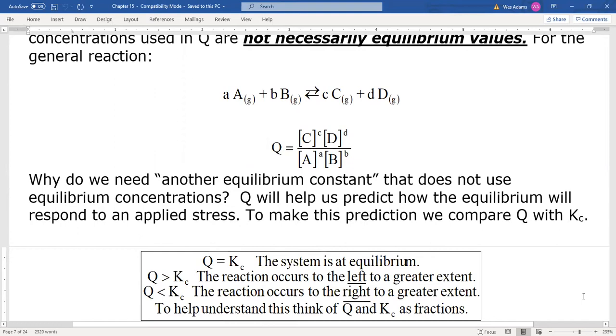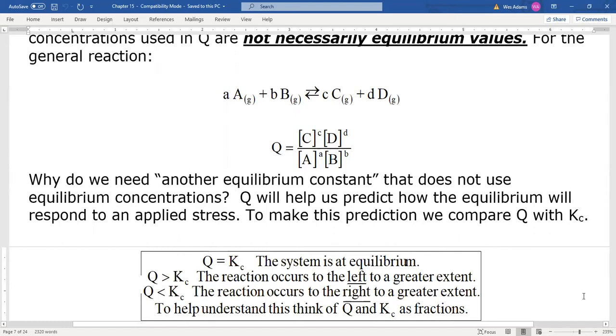If Q is bigger than K, that means we have too many products, because remember, products are on the top, so if I get more products, the value would be bigger, and so it's going to move to the left, or towards the reactant side to a greater extent. If Q is less than K, then I don't have enough products. I've got too many reactants. So reactants will go to form products, and so the reaction will shift to the right to reach equilibrium.